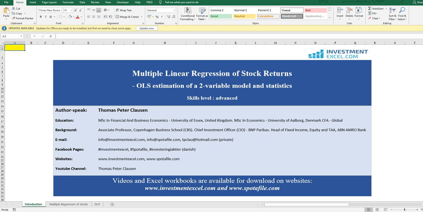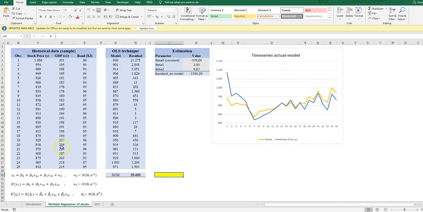Let's move on and take a look at the data. Here I have an observation vector, set up a little bit more simply, with 25 observations of data. Here I have the stock price.